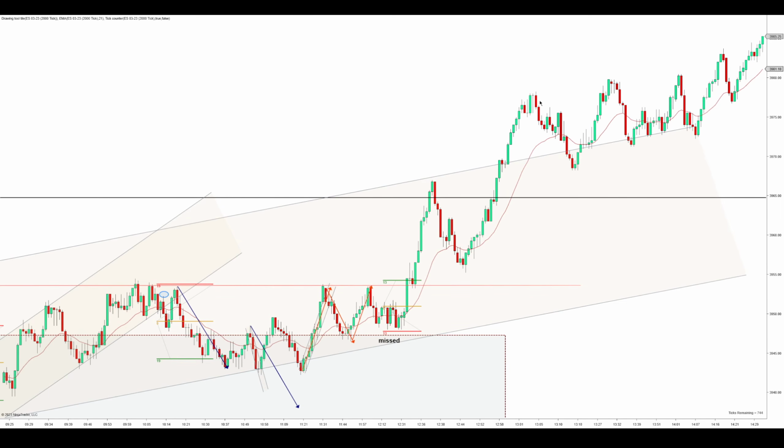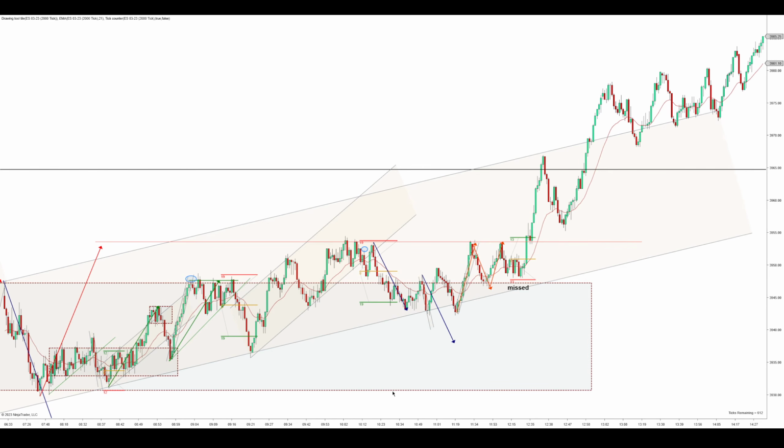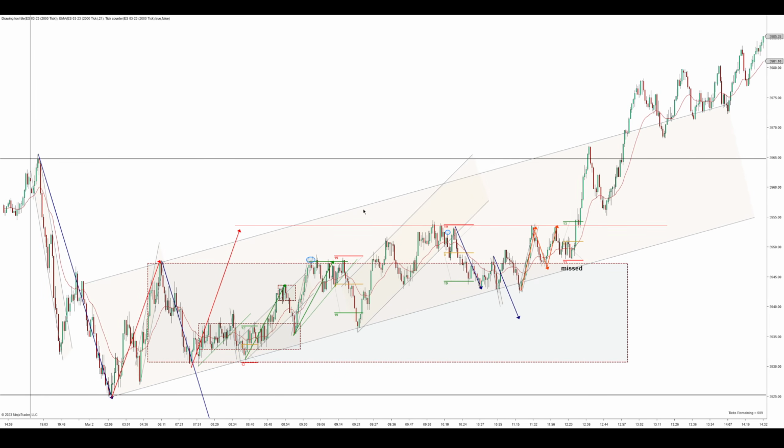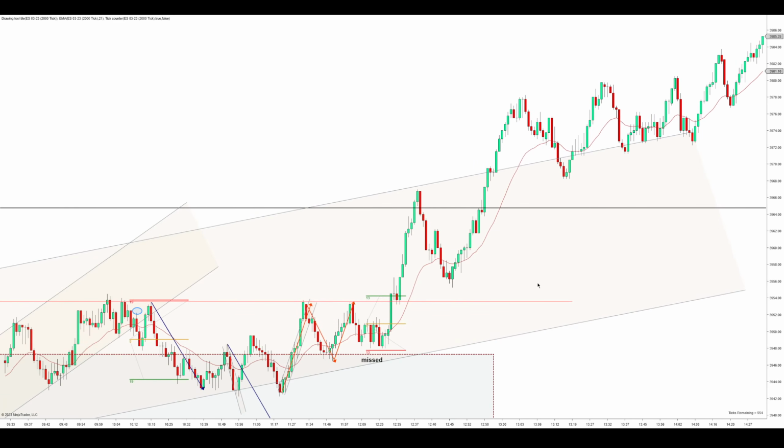We push out again. Once again, we have this two-legged move down going below the EMA. At first, you have the second entry long, which I don't like because that's just way, way too extended. When you have this overshoot, which we clearly have, we nearly reached the trend line there. That's basically telling you that you're overbought.